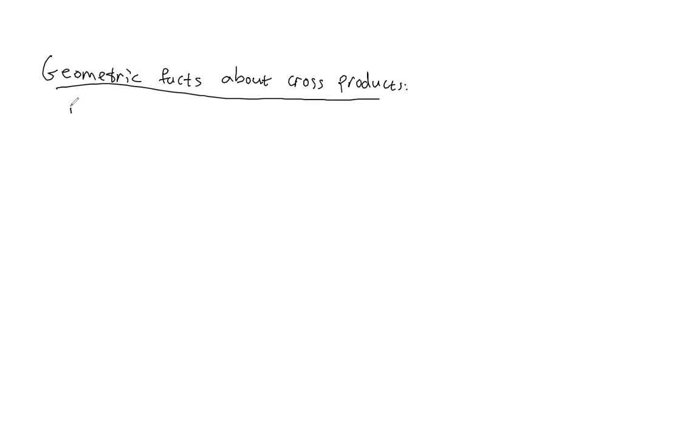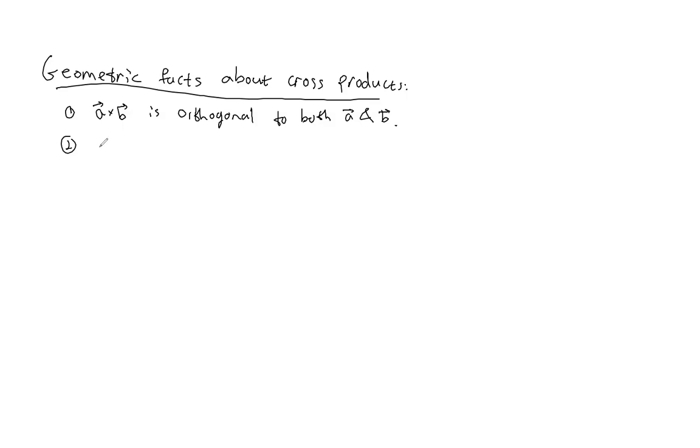One of them, which we already mentioned, is that A cross B, the vector you get from that, is orthogonal to both the vector A and the vector B. That's probably the most important property about cross products, but there are other very useful ones as well.